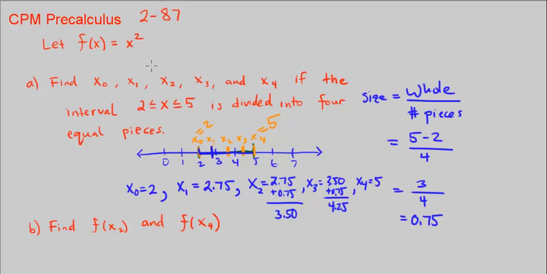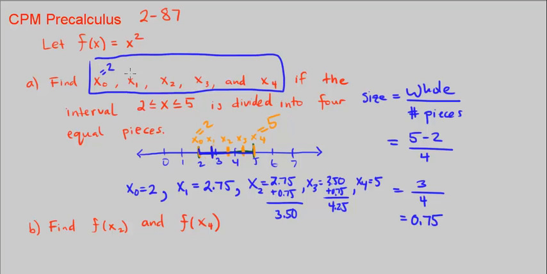So here are my x sub 0, 1, 2, 3, and 4, and the values are 2, 2.75, 3.50, 4.25, and 5.0. So that is part A.